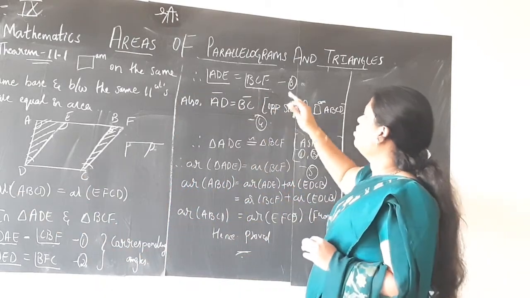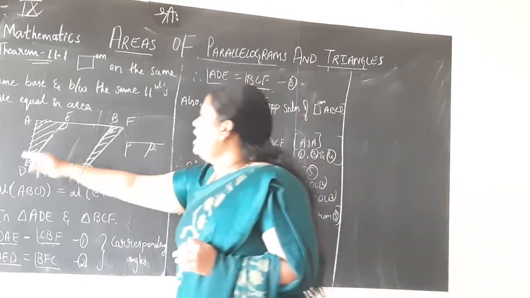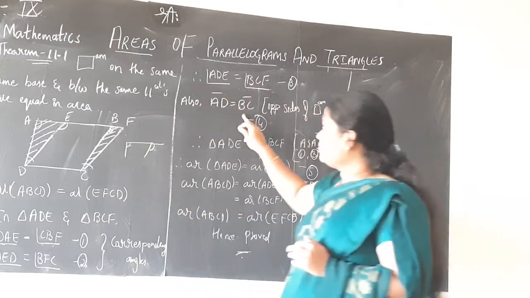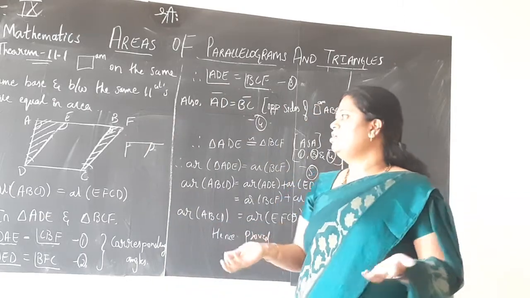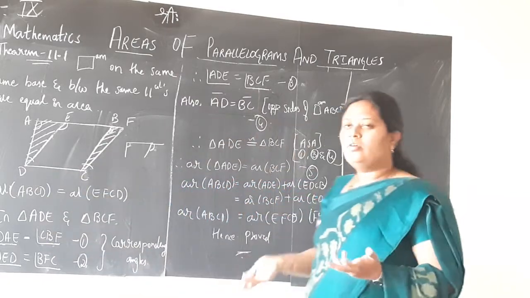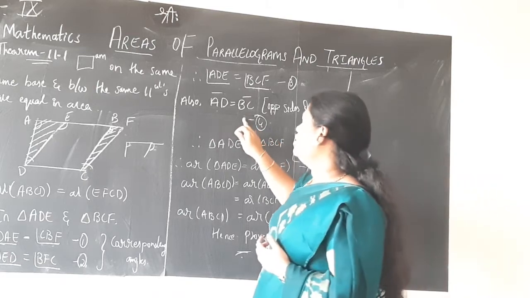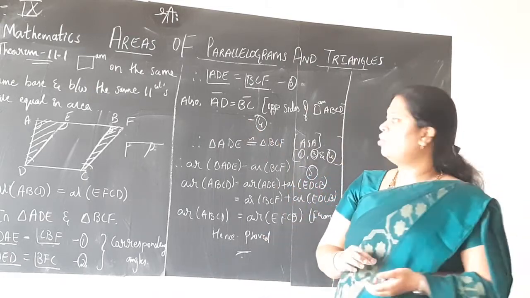Call it equation 3. Also, side AD is parallel to BC. Because ABCD is a parallelogram, opposite sides of a parallelogram are equal. So AD is equal to BC, call it equation 4.